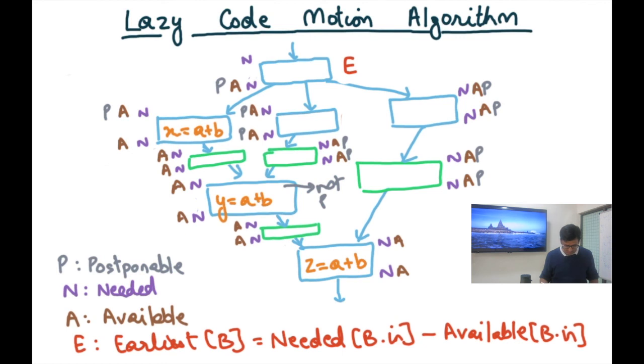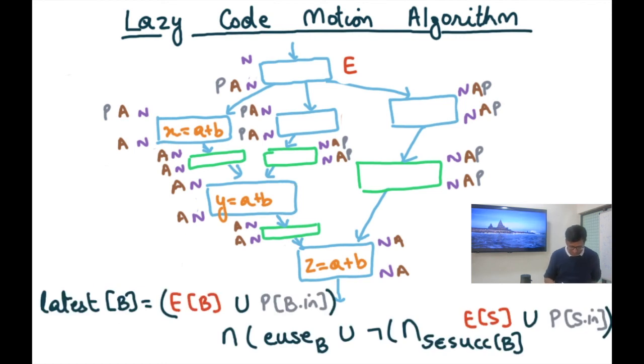answer for the postponable analysis, and based on that I compute latest, which is basically nothing but the frontier of postponable union earliest. So I take all basic blocks which are either marked as earliest using our description of earliest, which I did in the previous slide, or the expressions that can be postponable at the entry of that particular basic block. And so all such basic blocks I want to consider as latest, but I only want to consider those basic blocks for which some successor is not postponable or earliest.